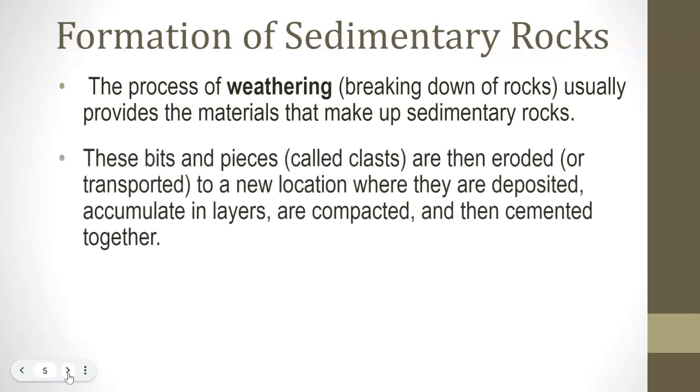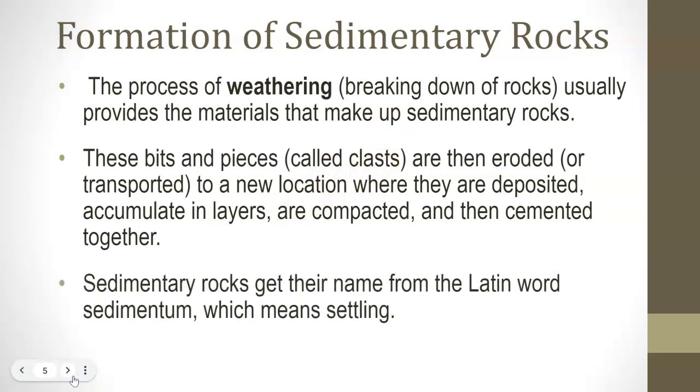Once the sediments are created, then they can be transported to a new location, and that process is called erosion. Once that erosion takes place, and that could be most of the time through water, but any other means as well, it gets transported to this new location, it gets deposited or dropped, and then the sediments pile up in layers where they get compacted and cemented together.